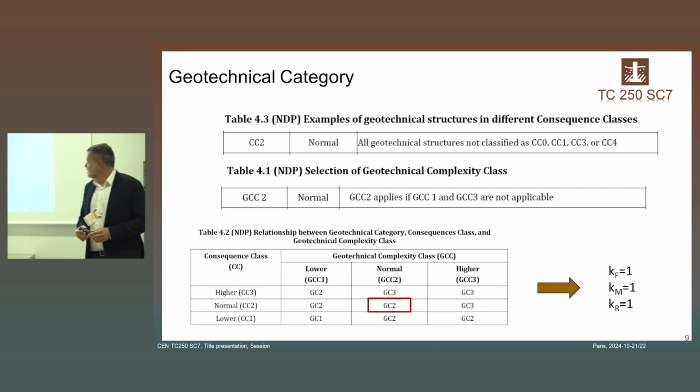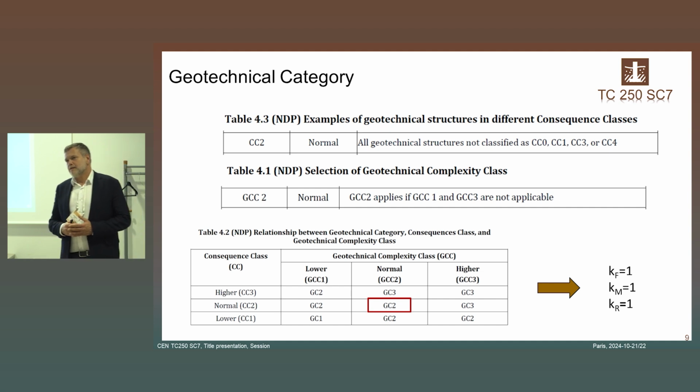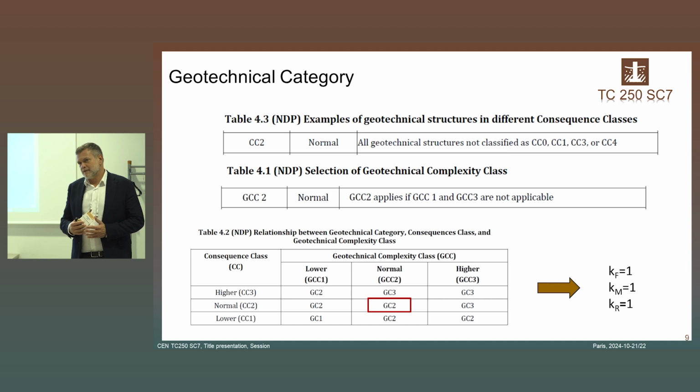So first step is the evaluation of the geotechnical complexity class and the selection of consequence class, and considering that this is a rather standard wall, we end up with a geotechnical category that is GC2, so we do not have either to amplify the factor of safety on the action, or to amplify the factor of safety on the materials.